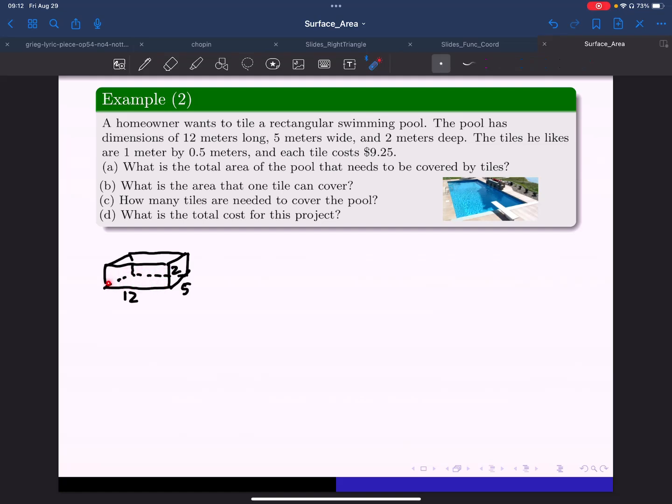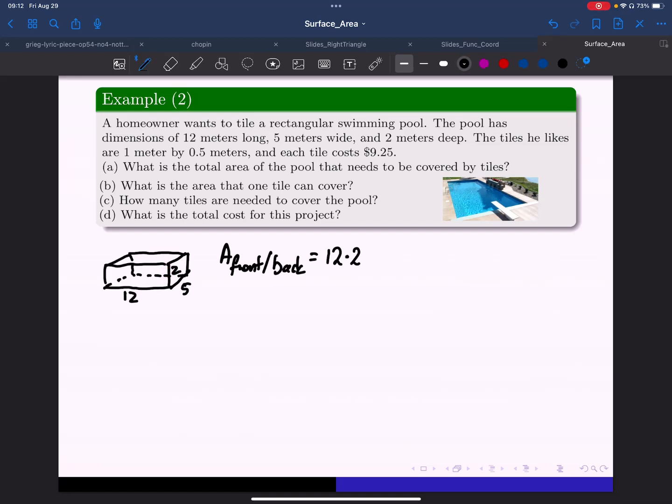The front rectangle is 12 times 2. Front and back are exactly the same. So the area of the front or back is going to be equal to 12 times 2. That's the length times the width.